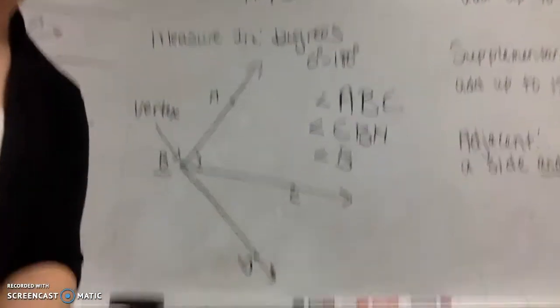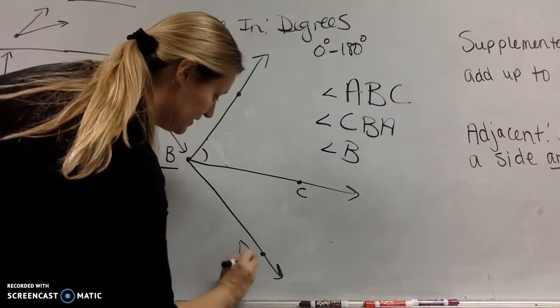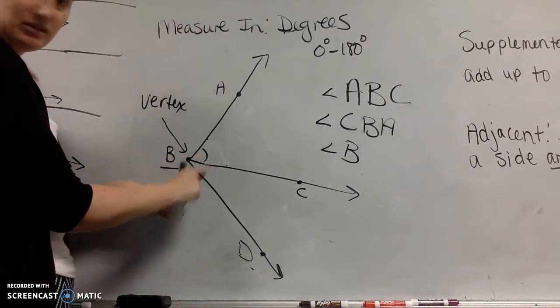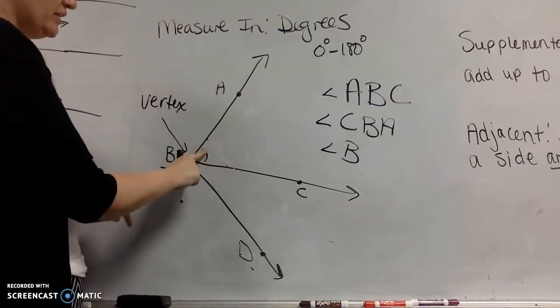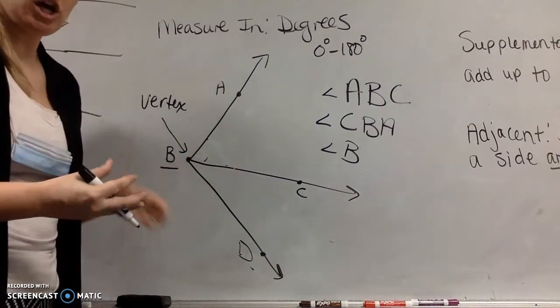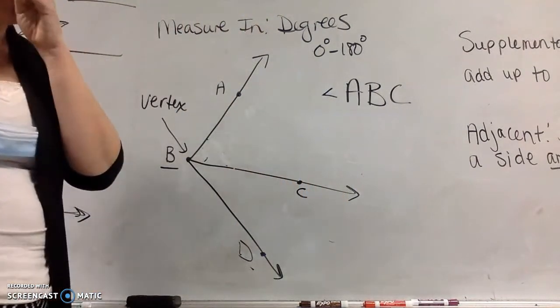can't really see that. Now if I say angle B, this is a D. Now if I say angle B, am I talking about this one, or this big one? There are actually 3 angles here in this picture. So I can't just say angle B anymore because now, well, which one are you talking about? So this is where we have to go back to naming with 3 letters.